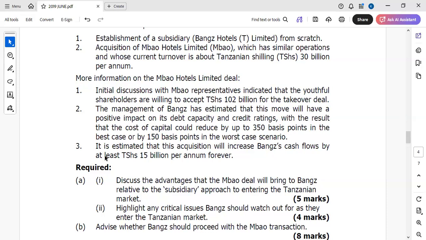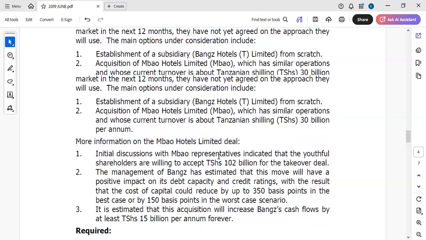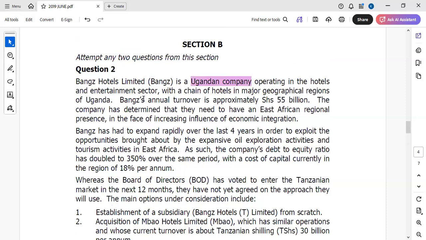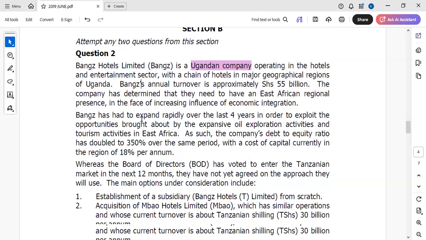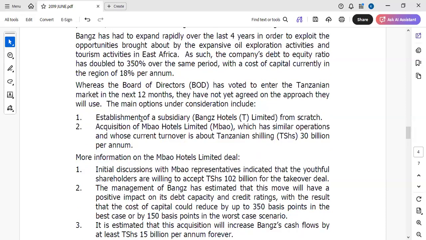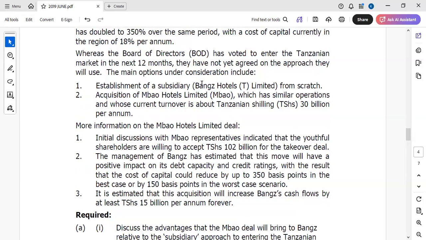Acquiring Mbayo, isn't it? Remember, who is you? You are called Baganzi Hotels Limited. So what are the advantages of acquiring Mbayo? Mbayo, that is Mbayo Hotels Limited.